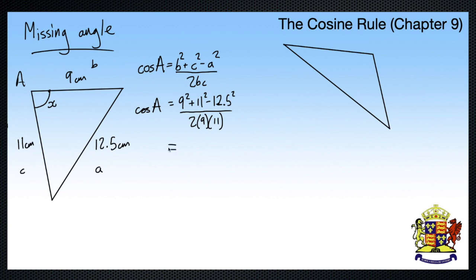Again, it's just a case of putting it into your calculator and being really, really careful. So cos A gives me an answer of 0.231. If I do cos to the minus 1 of that answer, I get my angle, which is 76.6 degrees.